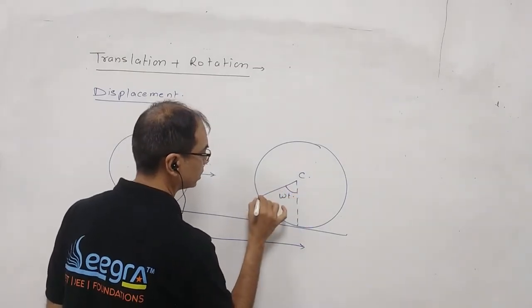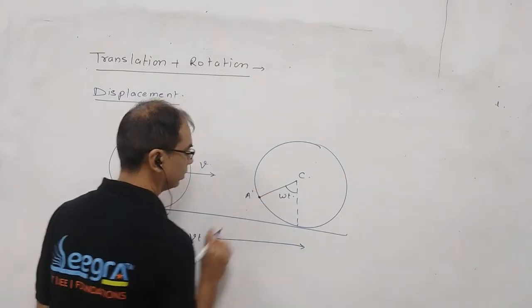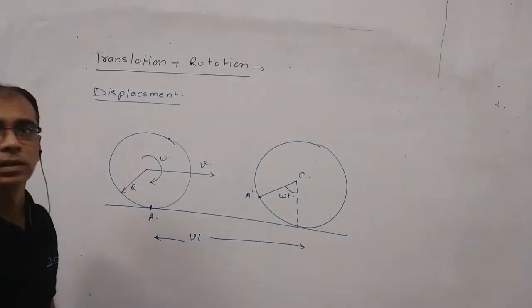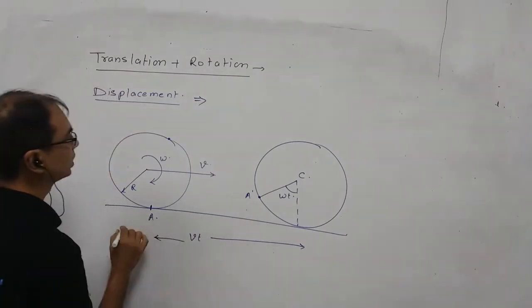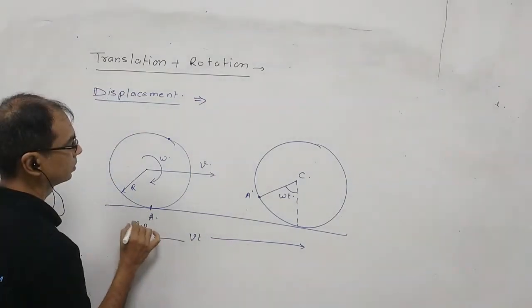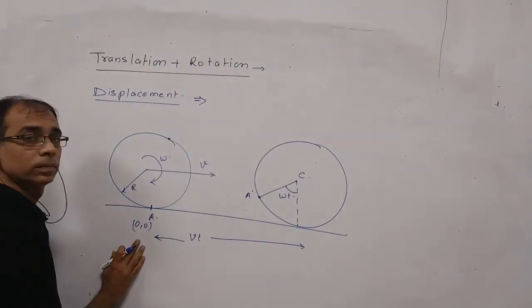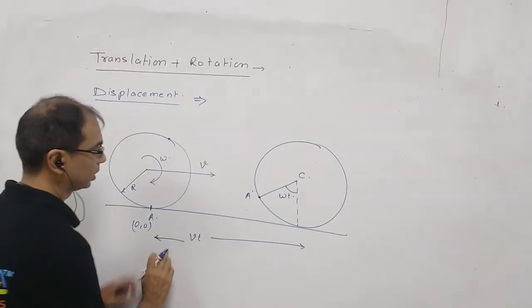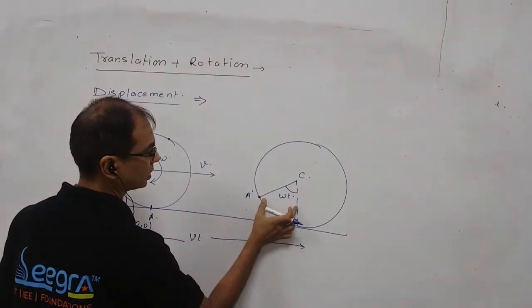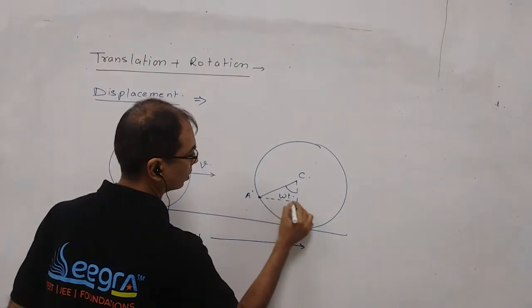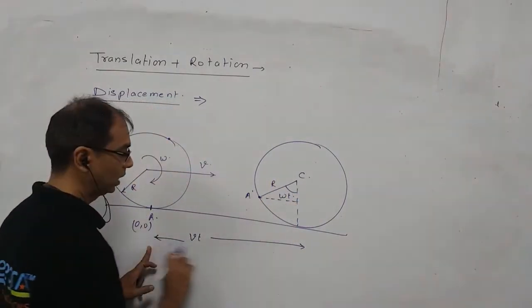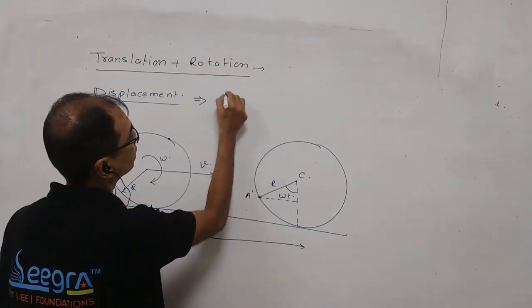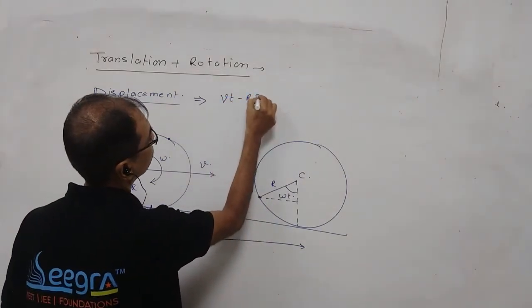Now this is a particle. Can you write the displacement of a particle? Yes, why not? Suppose I say this is the origin. Then the position of the particle is Vt minus this. This is r, and this is r sine omega t. So the x coordinate is Vt minus r sine omega t.